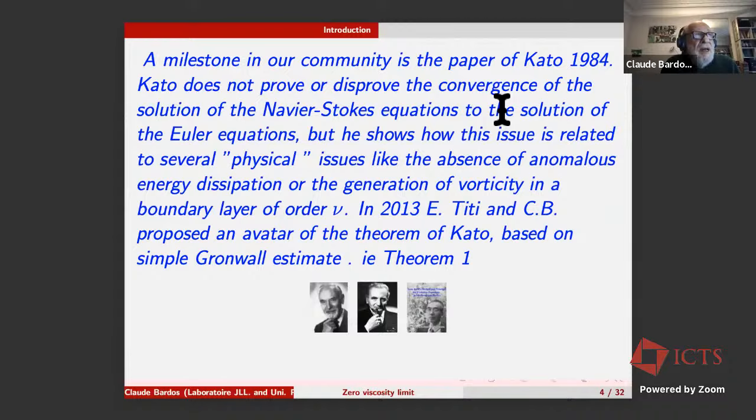It appeared in 1984, and it's a paper where Kato does not prove the convergence to the Euler equation or the non-convergence, but he proves the relation between this convergence and the absence of anomalous energy dissipation in the boundary layer, which, in agreement with the von Karman-Prandtl law, will be of the order of nu.